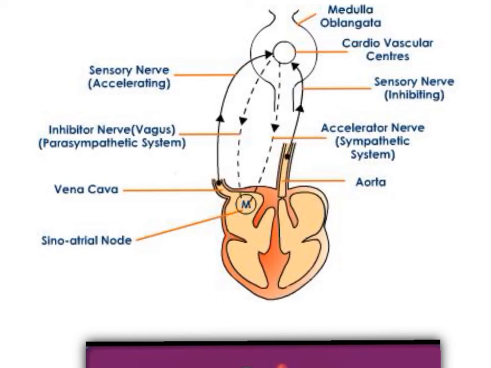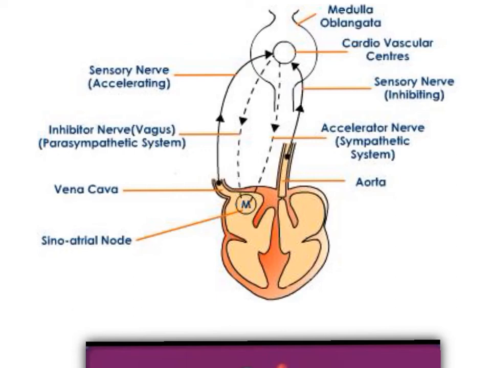So if the pressure is too high in the arterial system, a signal is sent back to the medulla oblongata, the cardiovascular centre of the medulla oblongata, which then sends a signal through the parasympathetic nervous system via the vagus nerve, which then releases acetylcholine onto the SA node, which acts to reduce heart rate, which results in a reduction in the pressure in the arterial system.